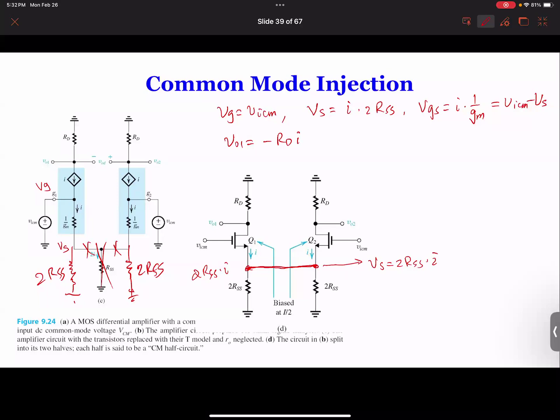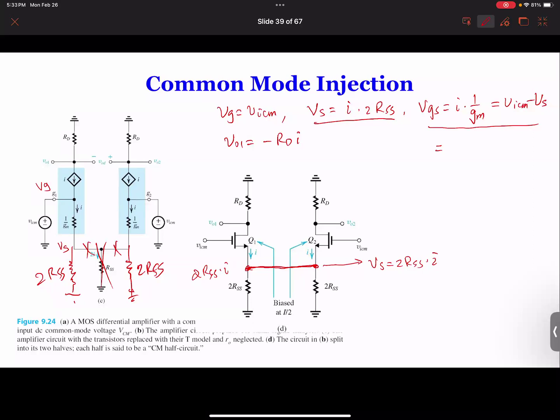So instead, we need to derive from this equation here and this equation here. From these two equations, we need to get the relation between I and VICM. Okay, if we look at this equation here, VGS is I times 1 over GM.